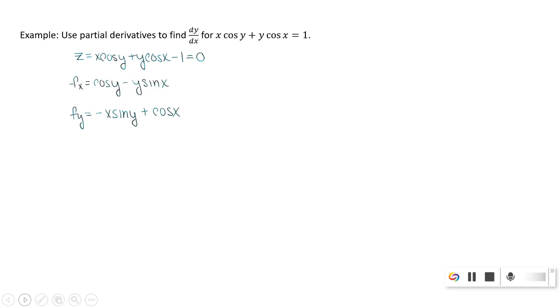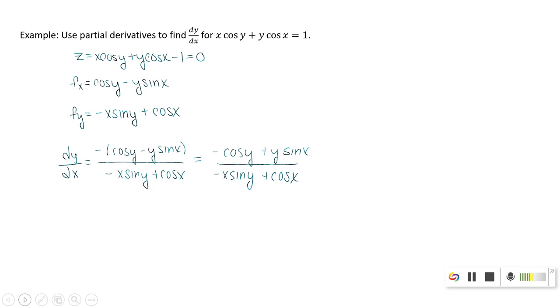So then I'm going to find my partial derivative with respect to x. That would be cosine y minus y sine x. And then I'll find my partial derivative of z with respect to y. That should be negative x sine y plus cosine x.